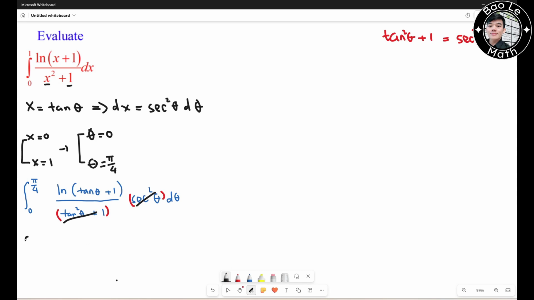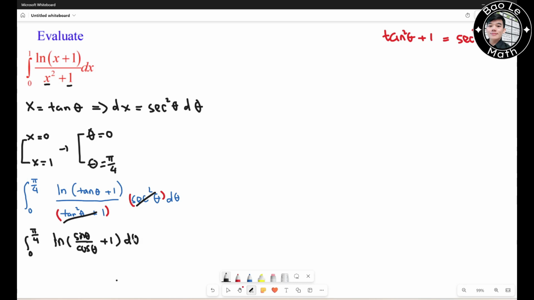So we're going to end up with the integral from 0 to pi over 4 of natural log of tangent theta plus 1, d theta. Now tangent theta I just rewrite as sine theta over cosine theta, plus 1.